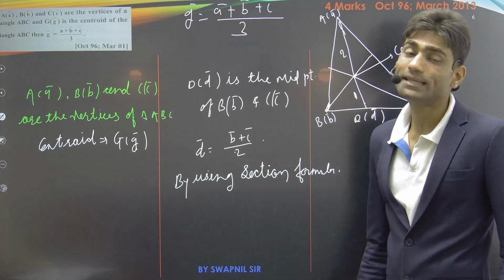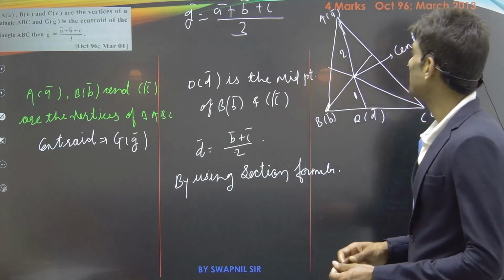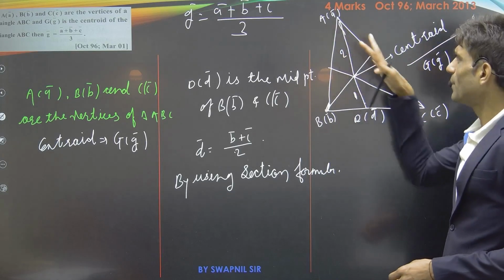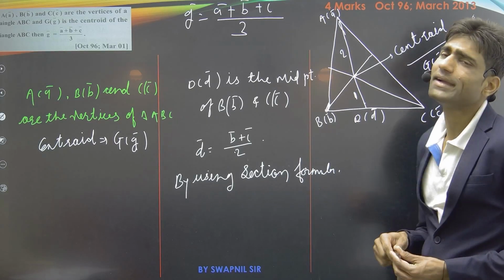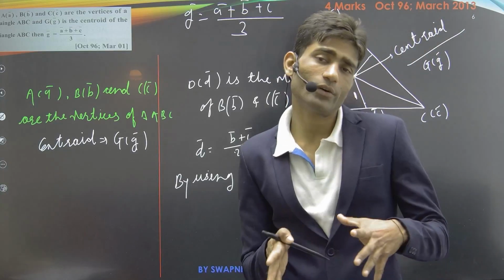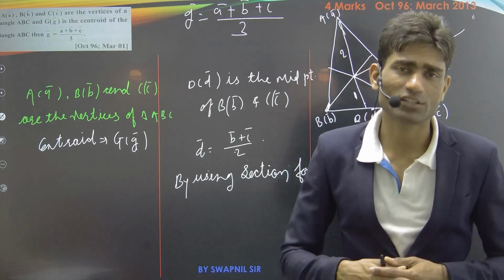Why do we have to use the internal division section formula? Because our angle bisector divides our triangle internally. If somehow it divided the triangle externally, then we would have to move to the external division.